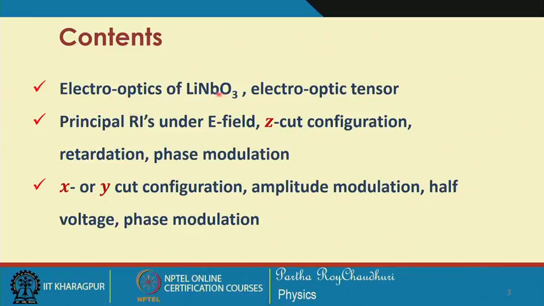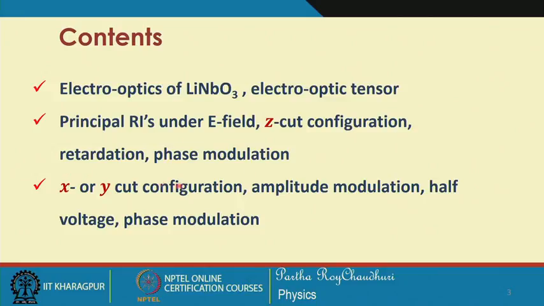So, these are the topics: electro-optics of lithium niobate in terms of the electro-optic tensor, principal refractive indices under the application of external electric field, then the Z cut configuration, that is when the optic axis is along the z axis.